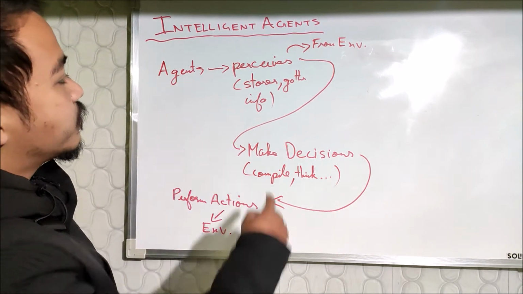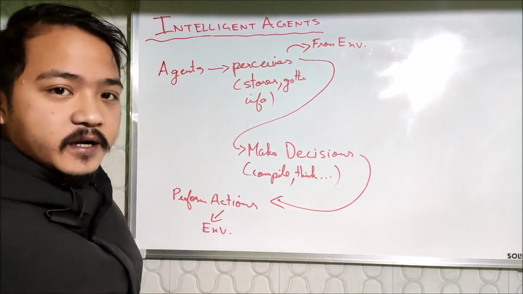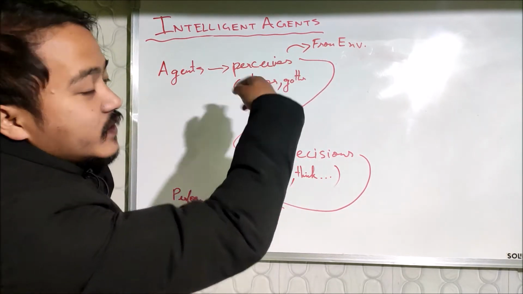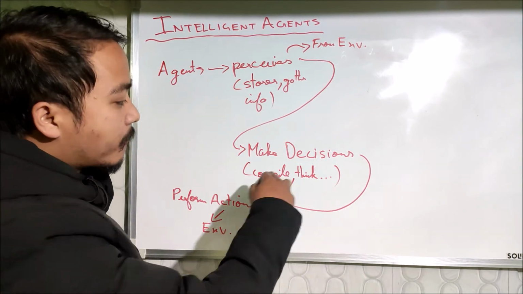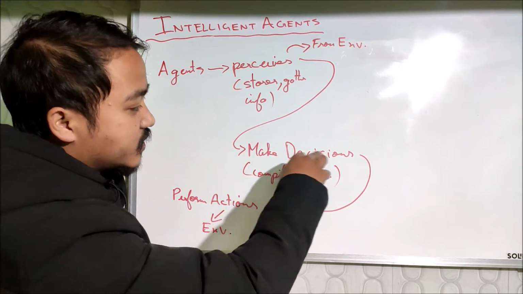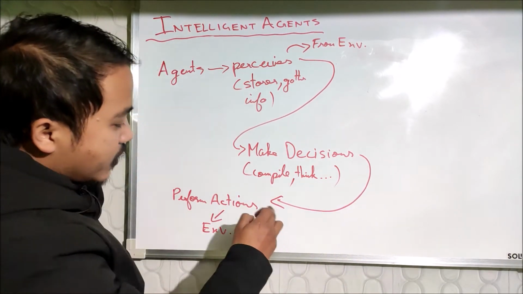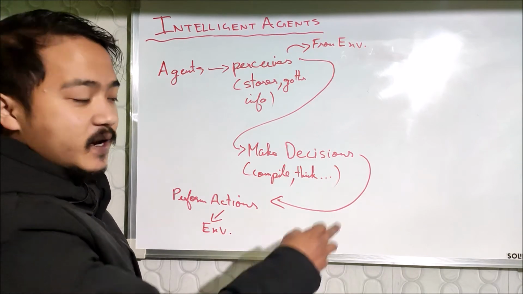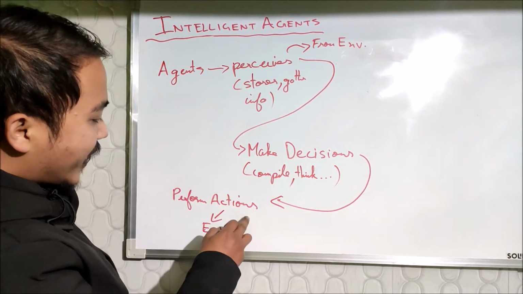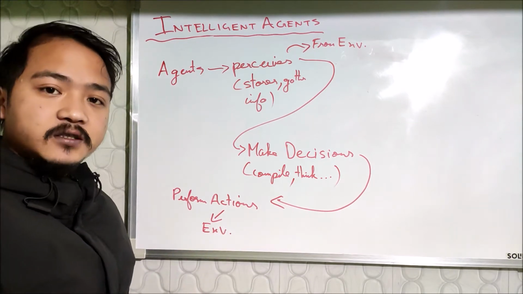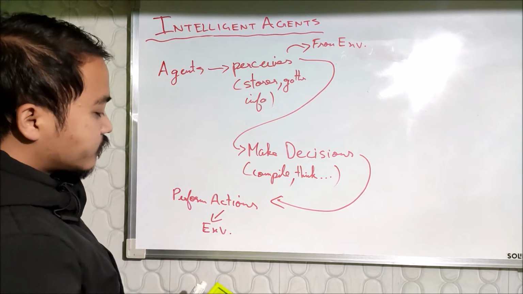First, an agent perceives or gathers information from the environment. On the basis of this data, it makes decisions. It compiles and thinks about all this data and makes decisions. After it has made decisions, it performs actions on the basis of these decisions, back into the environment. So these are the operations of an agent.